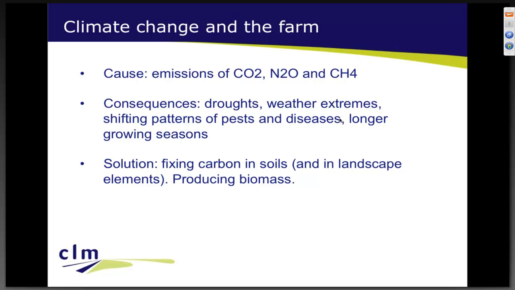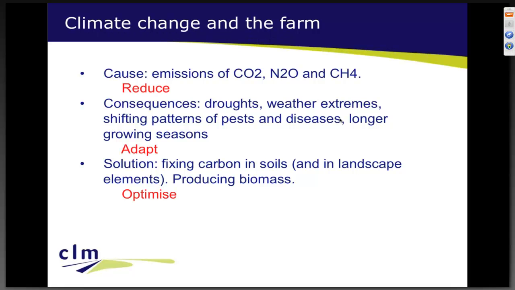It suffers the consequences of droughts, weather extremes, shifting patterns of pests and diseases, and moves along with the climate shifting, with longer growing seasons, a positive effect of climate change for farming sometimes. And farmers are part of the solution, because they can fix carbon in the soil and also in hedges and trees and other landscape elements. And they can help produce biomass. So an interesting, intricate collection of challenges there.